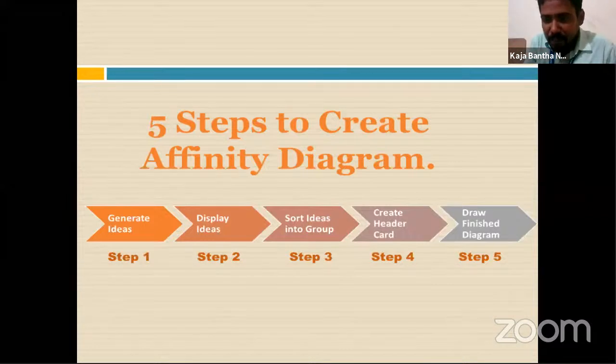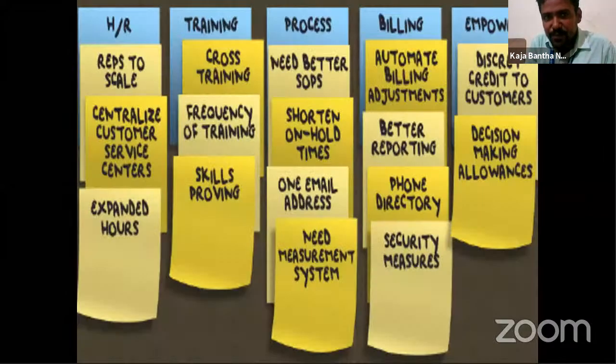That is affinity diagrams. For example, HR, training, process, and billing, and empower. You can see a lot of things are there. HR, training, process and billing. In billing, a lot of things you can see, sir.